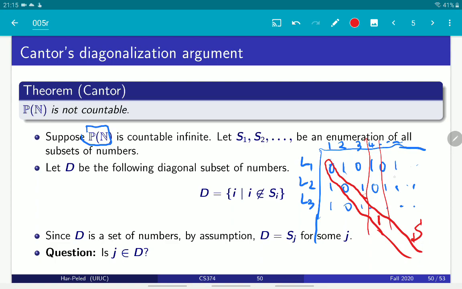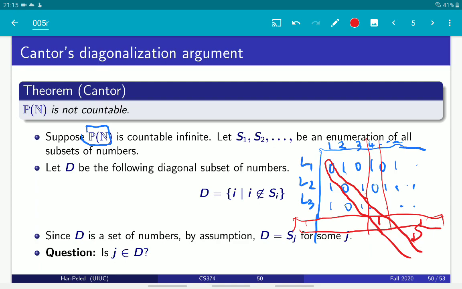If it's 0, it's not. So S is a subset of the natural numbers, and as such, it must appear in one of the rows of the matrix. That's quite possible, and there is no contradiction yet.